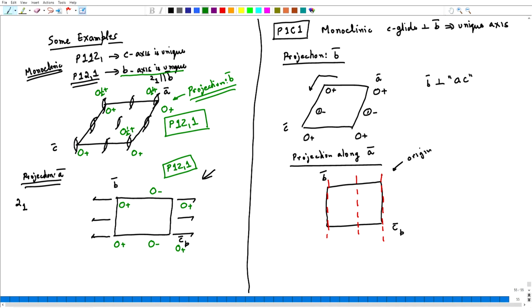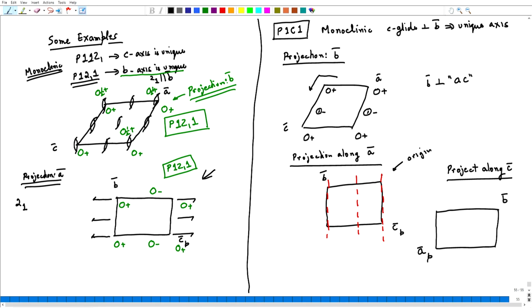Similarly, if I were to project along C, A and C do not make 90 degrees. So, when A gets projected it will be a projected length. So, we represent it by A sub P. Now, where is the glide plane?